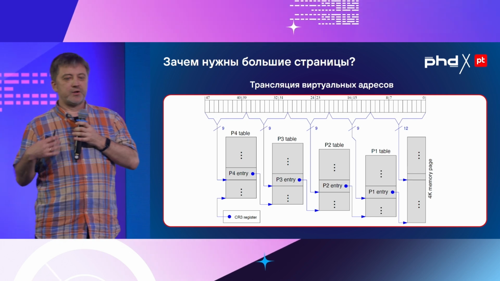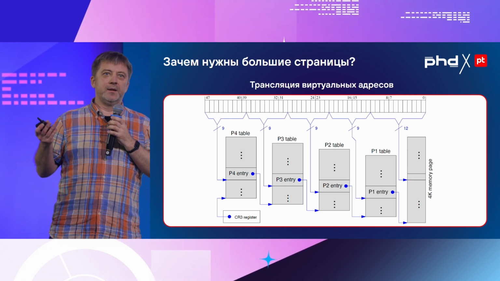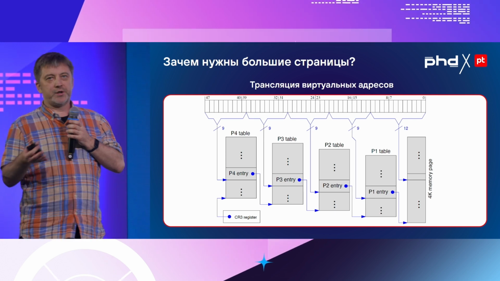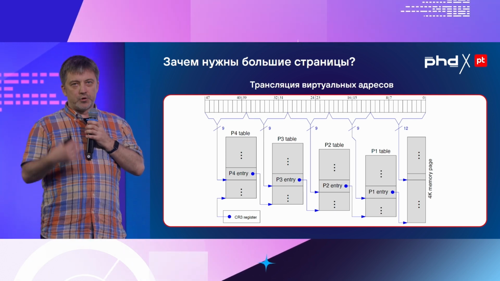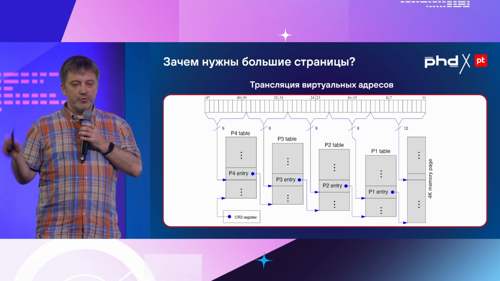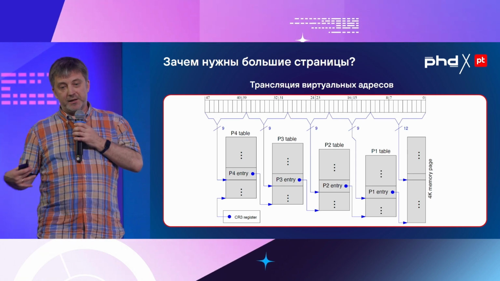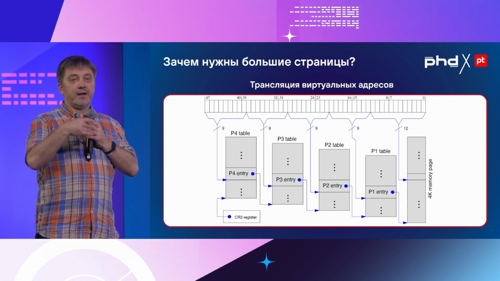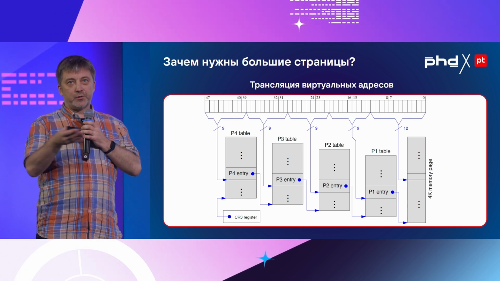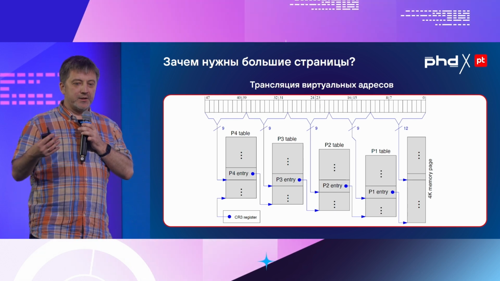Briefly, a reminder, if somebody has forgotten what it is and why you need it. In most operating systems, you use virtual memory. So each process has its own virtual memory space. This is good for quite a number of reasons. But in order to find where the data lies in memory, you need to translate these virtual addresses into physical addresses.